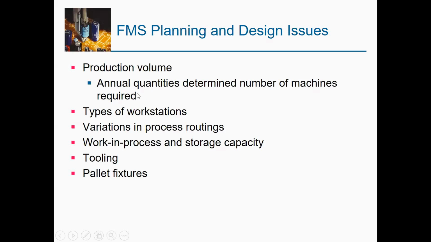That's the reason: production volume will tell you how many machines and how much system you need to produce such volume. That's why production volume is a very important factor to understand the scale of the industry and the production system. What different types of workstations are required for the processing? That is also a very important factor.